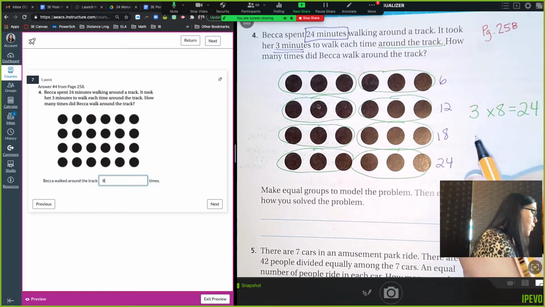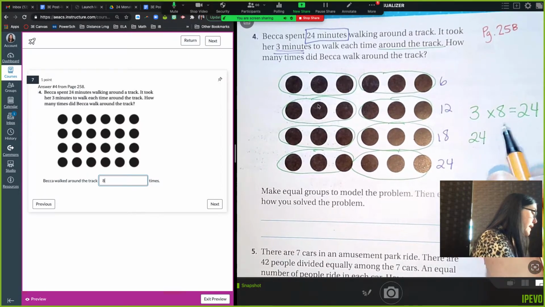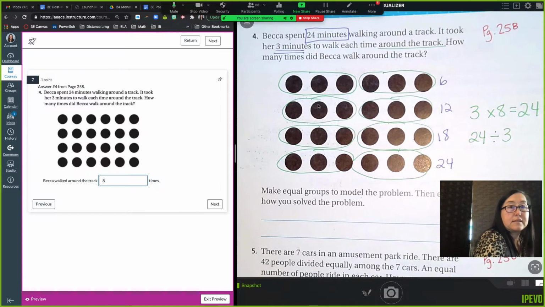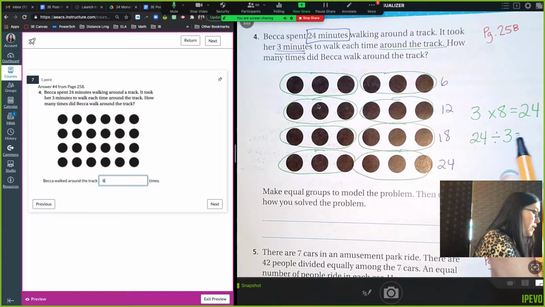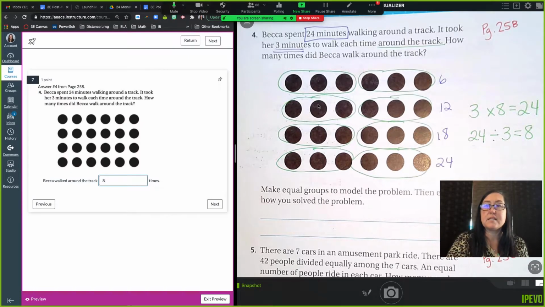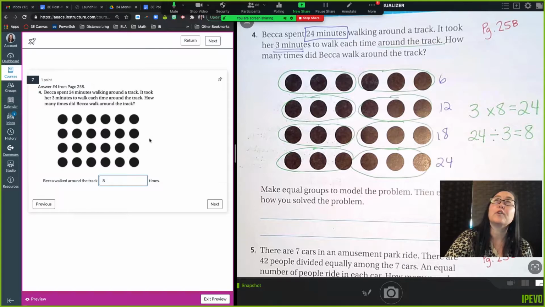She took 24 minutes and she divided them into groups of 3 minutes. 24 divided by 3 equals 8. So I like to use the fact families to help me. So hopefully that made sense, but I know when I first looked at it and saw the dots, I was confused as to what the dots meant. So each dot is representing 1 minute.